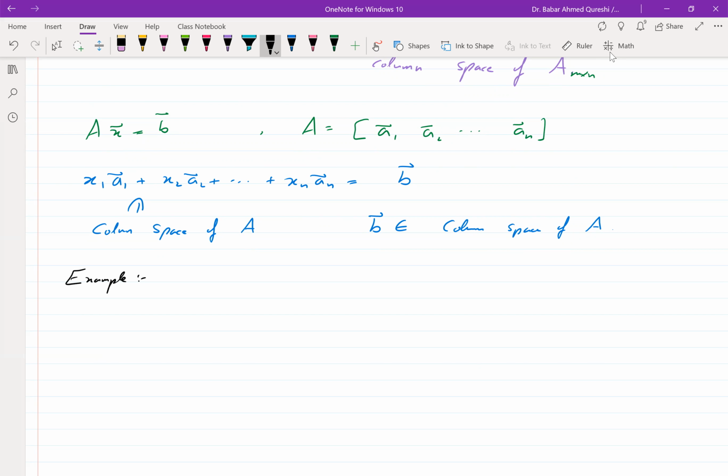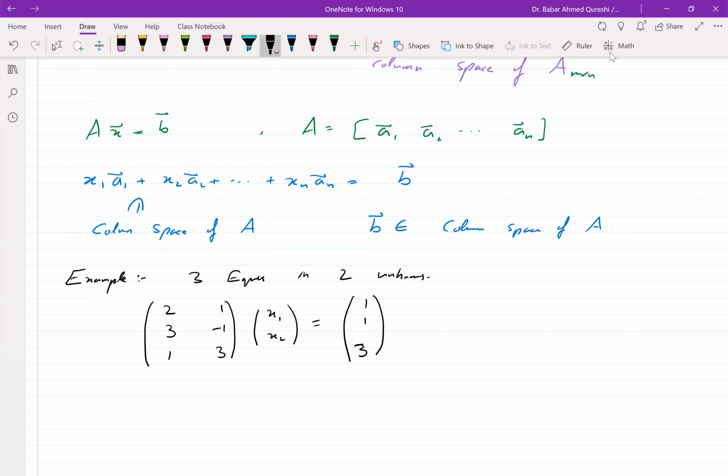if I consider 3 equations in 2 unknowns, so I'm taking an example equation, just randomly.